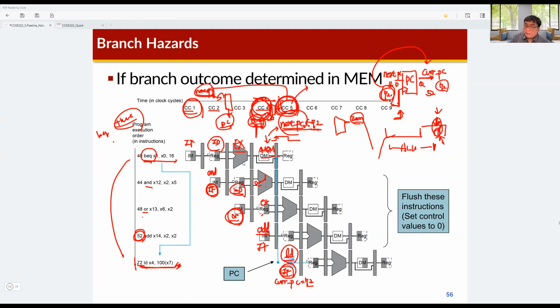When clock cycle number 5, then what will happen? If you see this pipeline stage, BQ is in the write back stage, and the instruction is in the memory stage, the other is here in the ID stage. And then the load instruction, that is the target of the branch instruction, is in the instruction fetch stage.